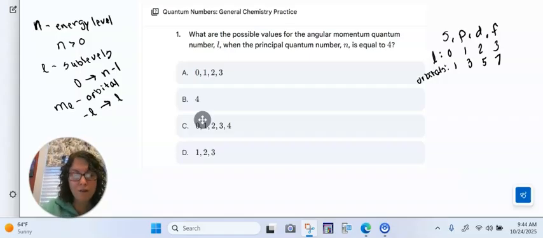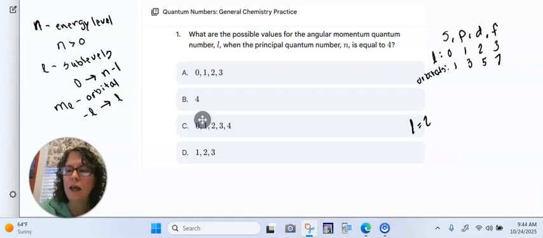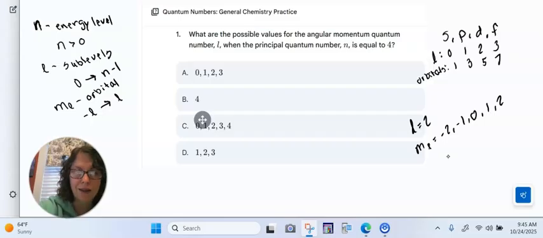For example, say you have a d sublevel. l is equal to 2 because it's a d sublevel. Then the allowed values for m sub l are negative 2, negative 1, 0, 1, and 2. We followed this rule: the allowed values go from negative l up to positive l.